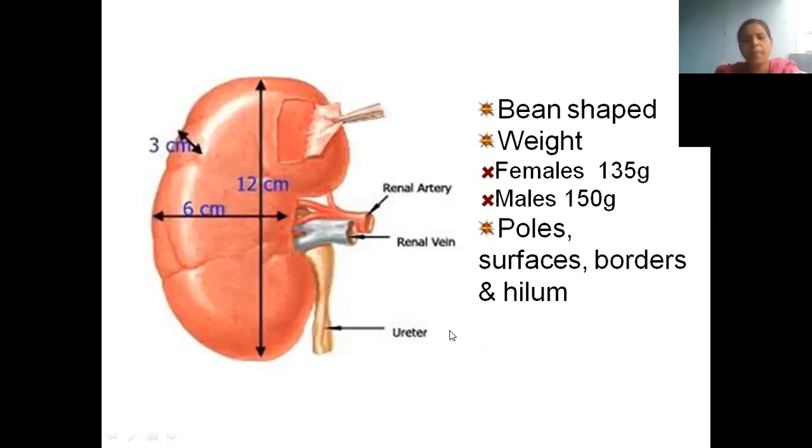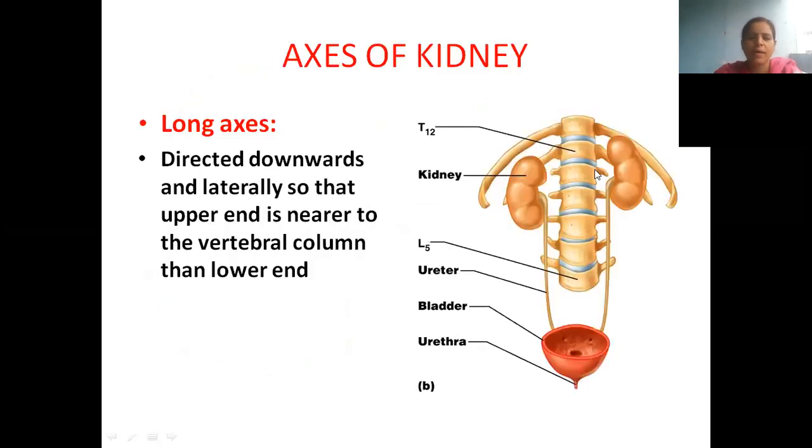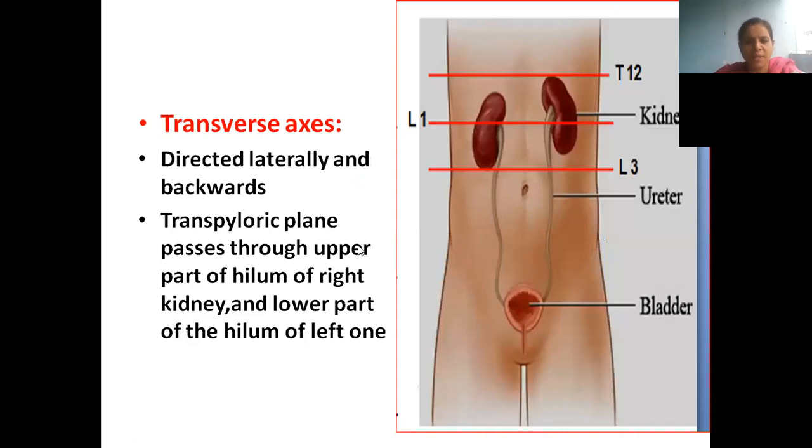The long axis of the kidney is directed downwards and laterally, so the upper end is nearer to the vertebral column than the lower end. It is a little oblique, something like this. This is the transverse axis.